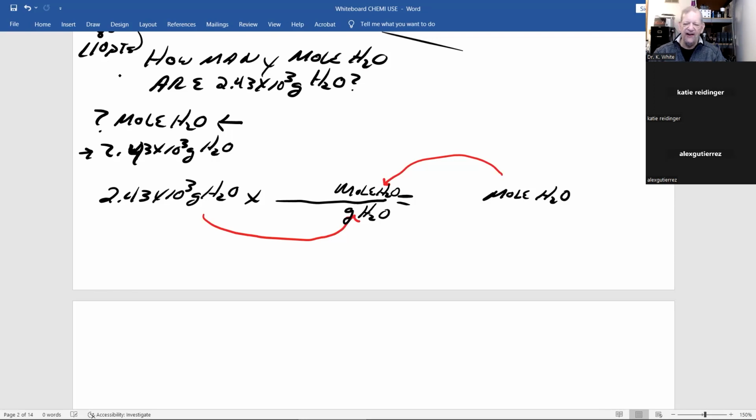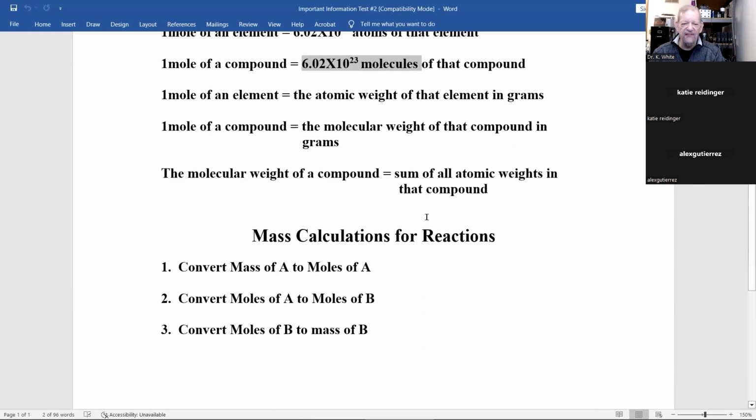And where do we find a relationship between grams of a compound and moles of a compound? If we look at important information, test number 2, 1 mole of a compound equals the molecular weight of that compound in grams. But you also have to remember the molecular weight is the sum of all atomic weights in that compound.